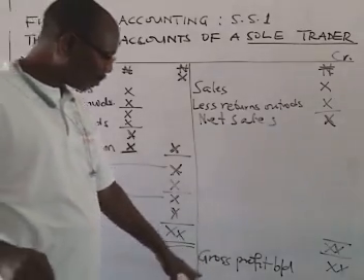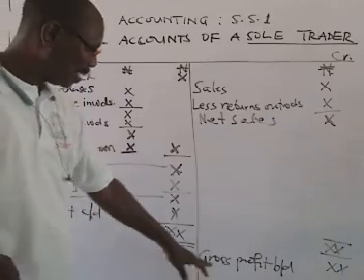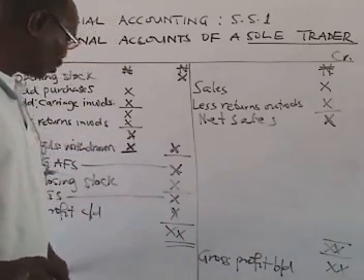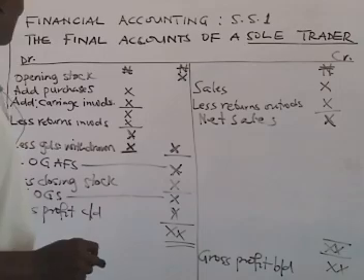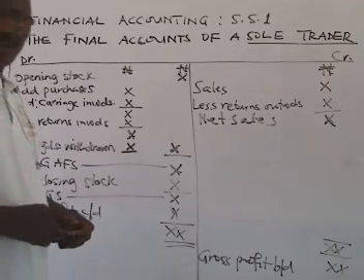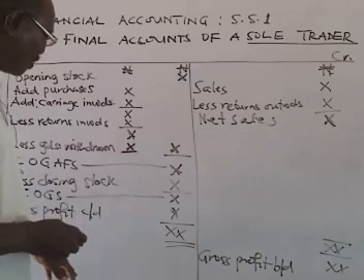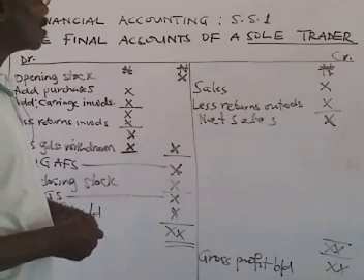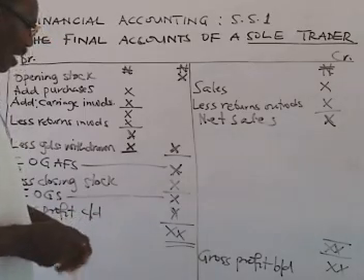By subtracting all the expenses on the debit side from the income on the credit side. From there, you get your net profit. So finally, in our next class, by God's grace, we go through the adjustments in the P&L account and the balance sheet.